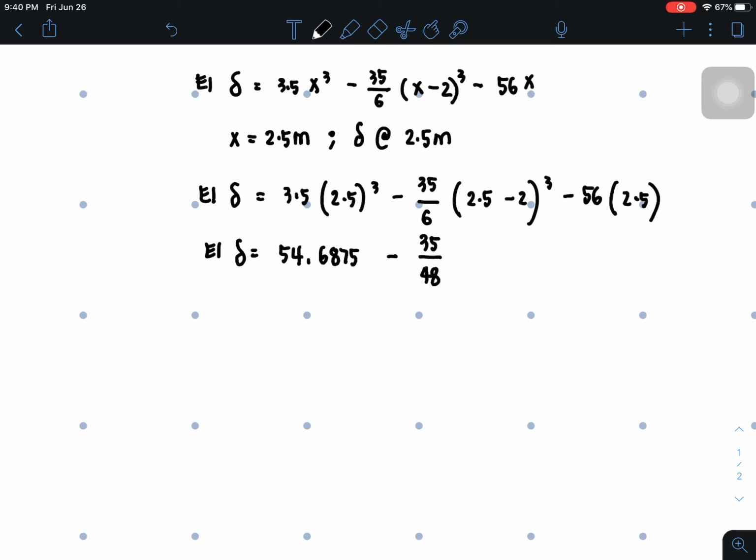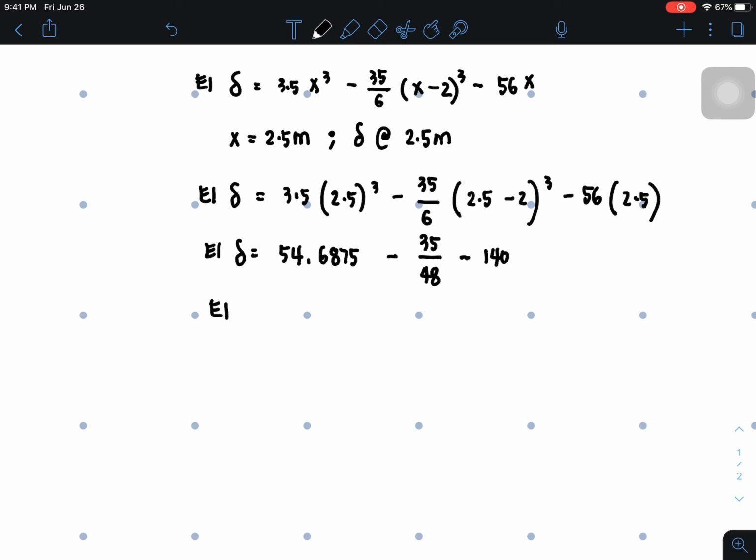It's really important not to write the decimal equivalent because it differs from the real value. So 56 times 2.5 is 140. Simplifying further, it's 54.6875 minus 35 over 48 minus 140. The answer is negative.